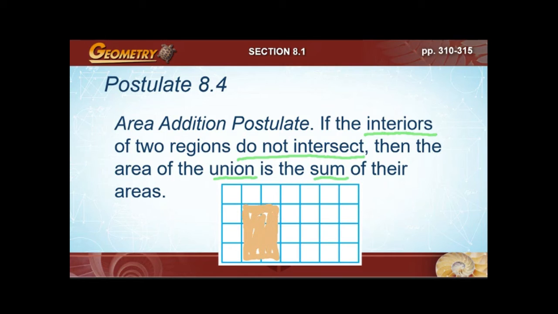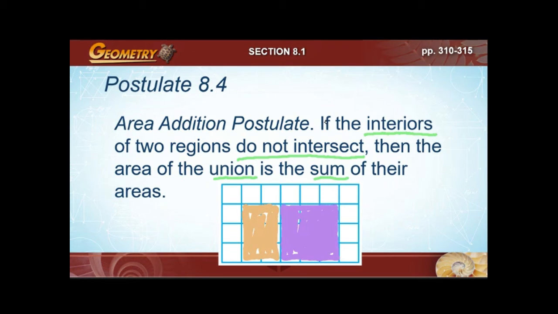And we have this region here. So we have two quadrilaterals next to each other, and their interiors do not intersect. So the parts that are within their boundaries do not intersect each other. So that's the first part.